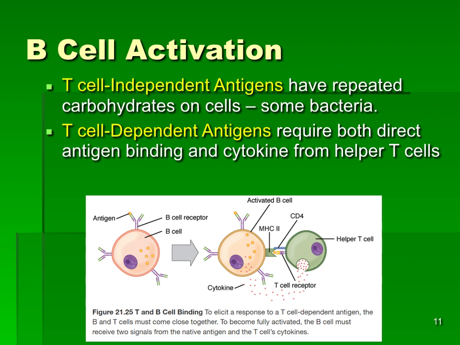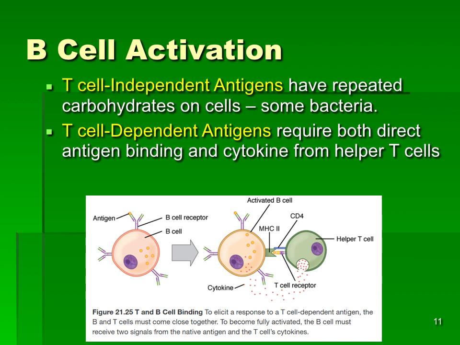Generally, those types of antigens have repeated carbohydrates on their surface. And that is true of many bacteria. And so we don't need T cells for those. But most antigens, it turns out, are T cell dependent.